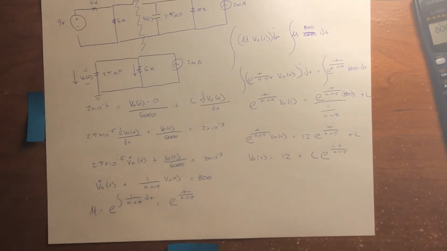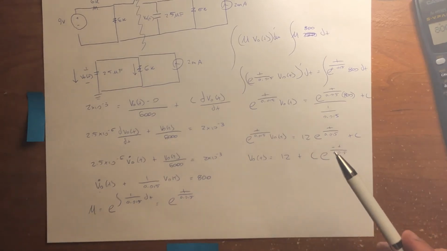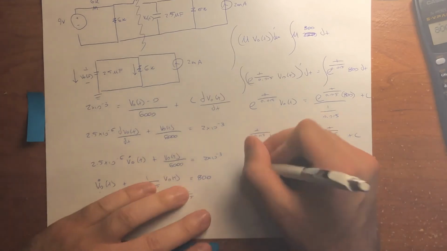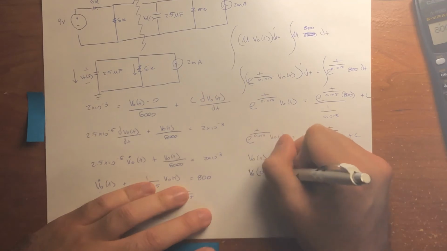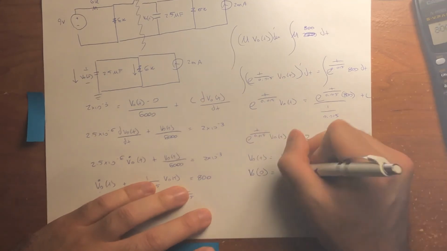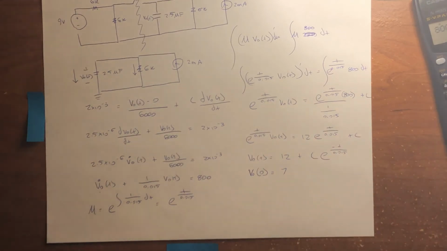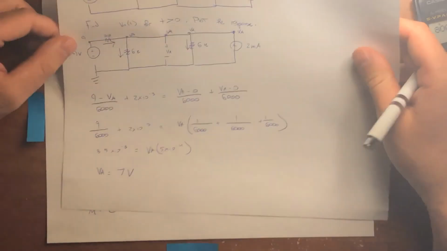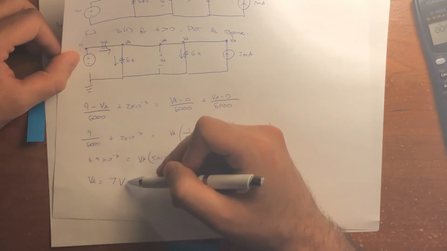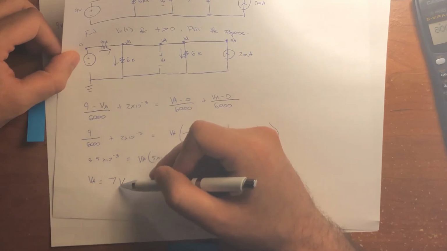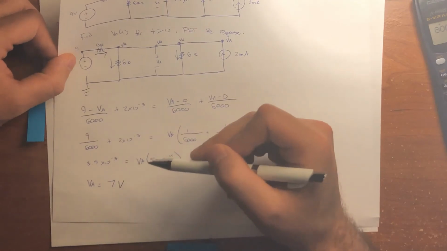So what we need to do is find what the constant is. In order to find the constant, we know that v naught is 7, which is the steady state we calculated before, when t is equal to 0.